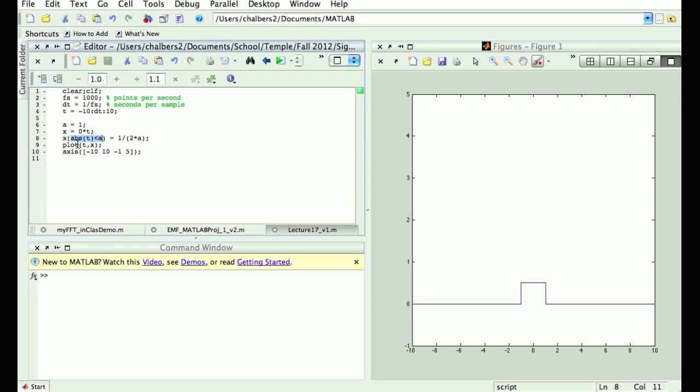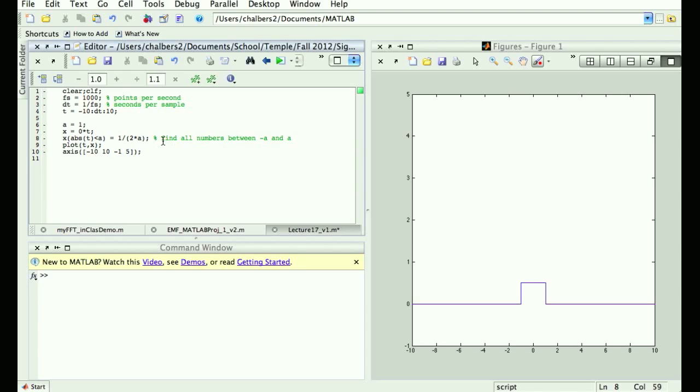Those numbers have an absolute value that's less than a. So that's going to find, in essence, all the numbers between minus a and a. And what do I want to do with those values of x? I want to set them equal to 1 over the quantity 2a. And that's how I got my rectangle.